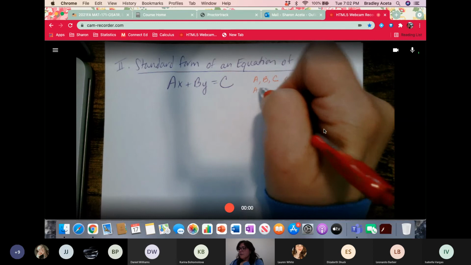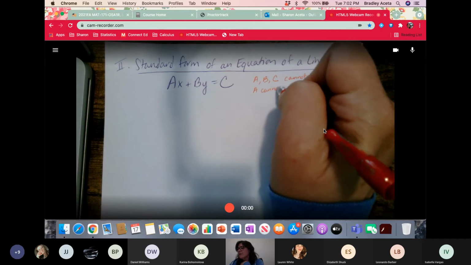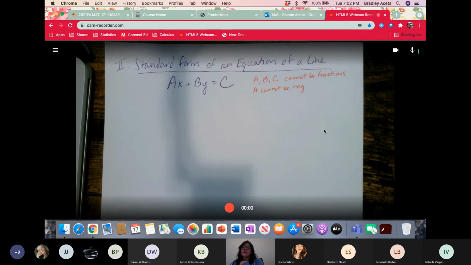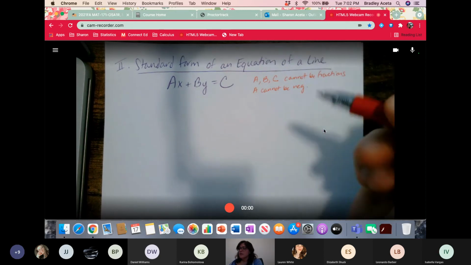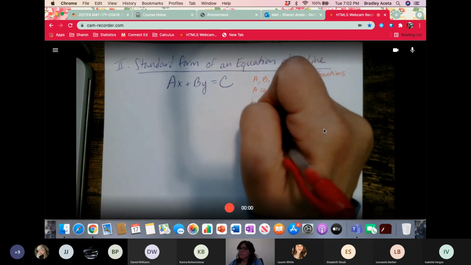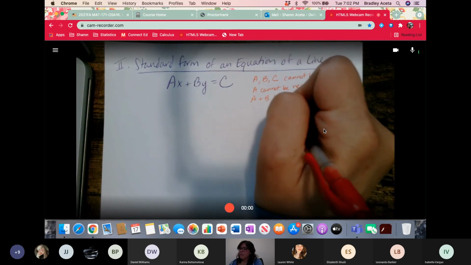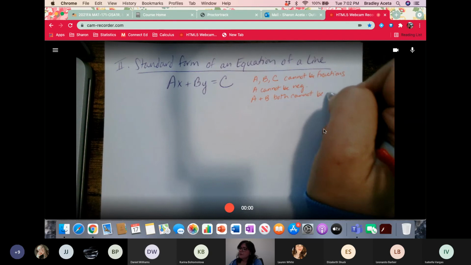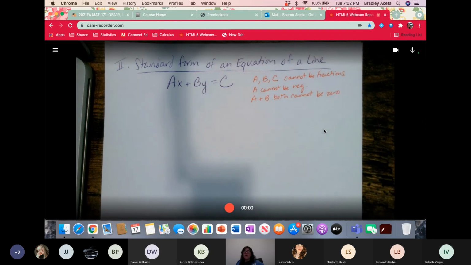And your a cannot be negative. So you would change the equation. If it was negative, you just switch the other signs. A and b both cannot be 0. Those are the cannots. But if those all work out, then you have your standard form of an equation of a line.